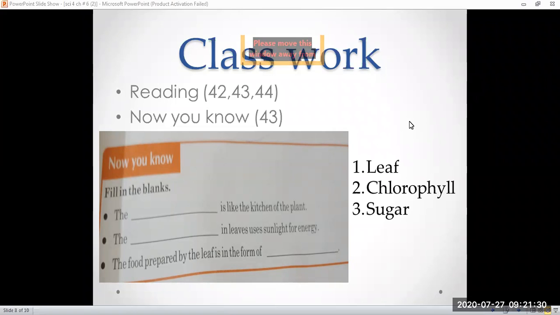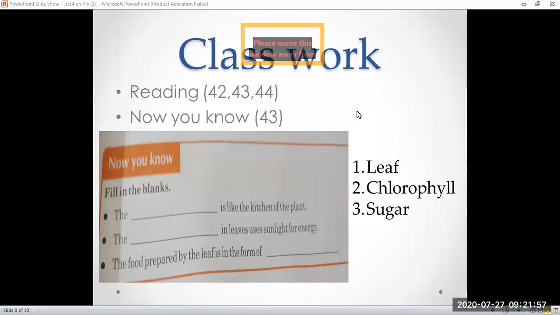This process of preparing food from carbon dioxide and water by using sunlight is called photosynthesis, meaning putting together. During photosynthesis, oxygen is produced by the leaf and is given out through the stomata.